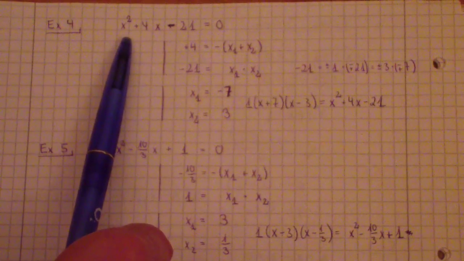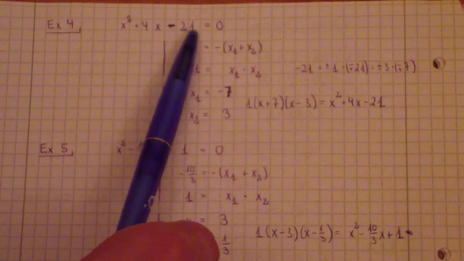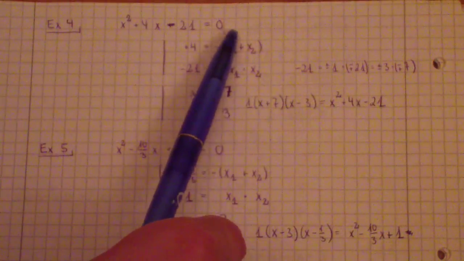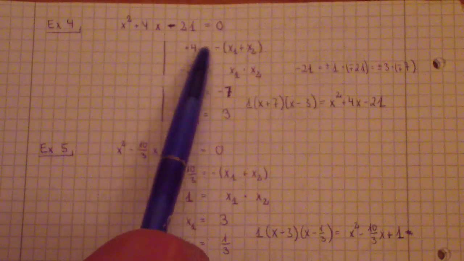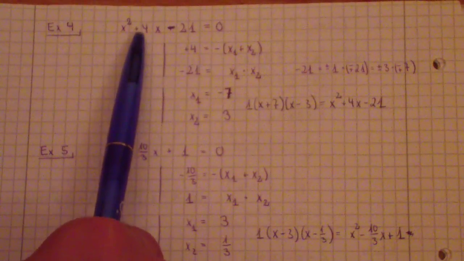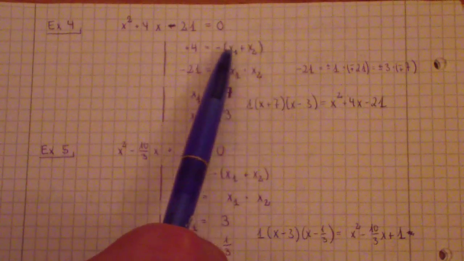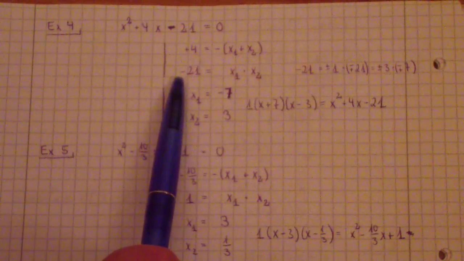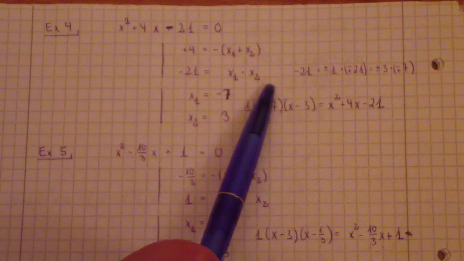Now we have another equation, which is x squared plus 4x minus 21 equals 0, okay? Now you have p is plus 4, very important, and this has to be equal to the negative of the sum of both solutions, and minus 21 is equal to x1 times x2.